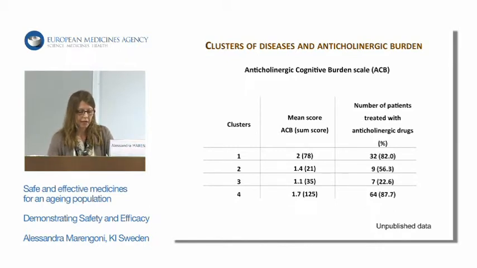And what is nice, in my opinion, is that the percentage of patients treated with anticholinergic drugs varies a lot across different clusters, from 20% to almost 90% in cluster number 4.